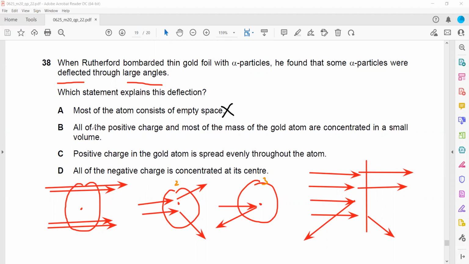When we check B, all the positive charge, like there is a charge in the nucleus, and most of the mass is concentrated in the nucleus. That's why the alpha particles are changing their direction. So statement 2 and statement 3 are written together here in option B: there is a charge that causes a deviation and there is a mass that causes a deflection or bounce back of the alpha particle.